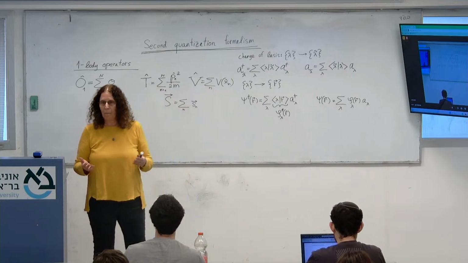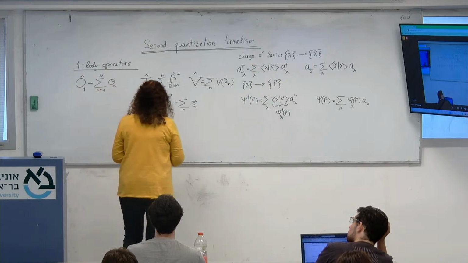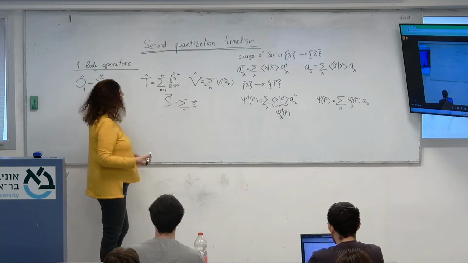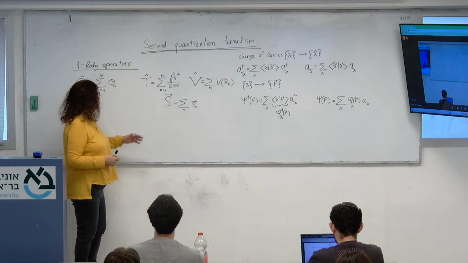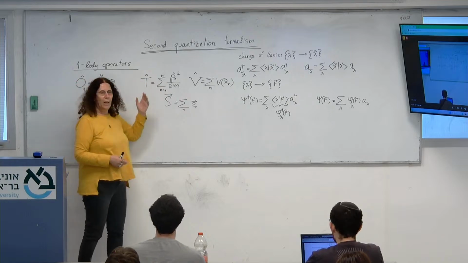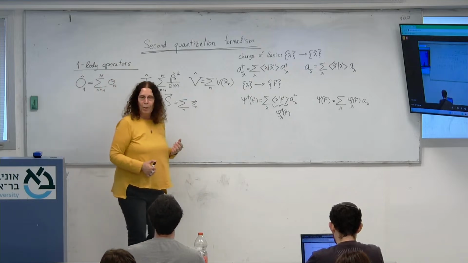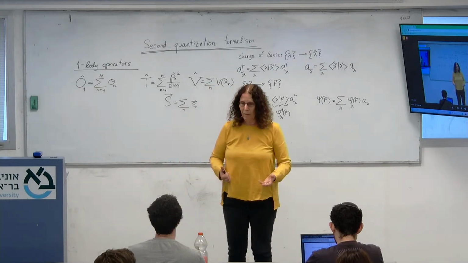What will be this basis? It depends on the problem you want to study. For example, if you have a free gas and the Hamiltonian contains only kinetic energy, what is the quantum number you want to use to describe the single particle states?